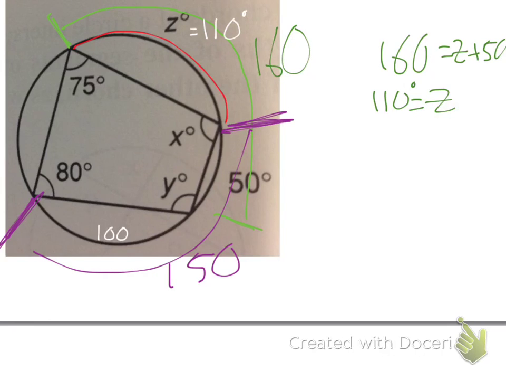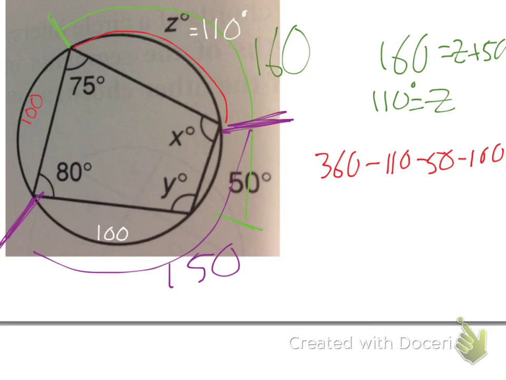Can we find that fourth arc? 360 minus 110 minus 50, so 360 minus 160... is it 50? Yeah. Oh yeah, so it's 100. Does everybody see how I got to 100?